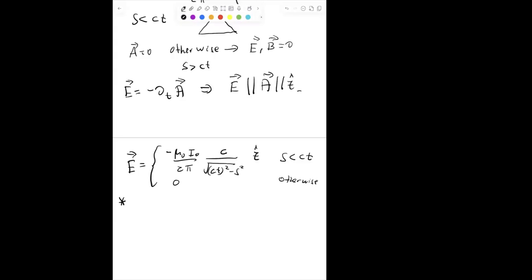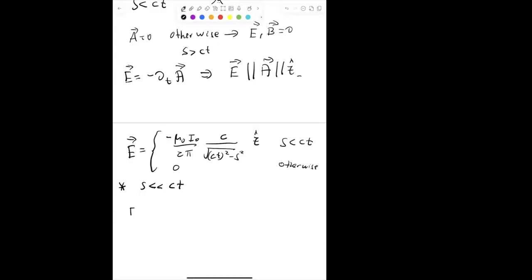What is the common sense case? Let's say that S is much, much smaller than CT. Or let's say C in some world is infinite. What will happen? This is a case where the position of the observer is relatively close to the charge, relatively close to the wire.